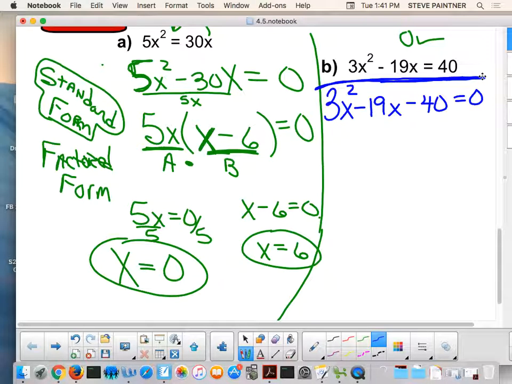First step was right there. Get it in standard form. Get 0 on one side.